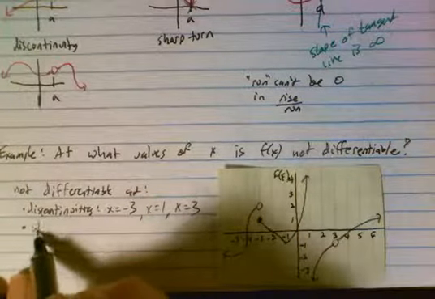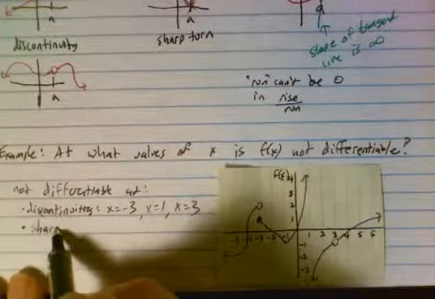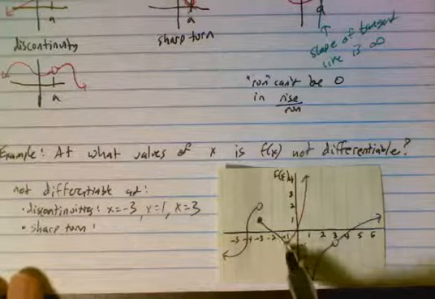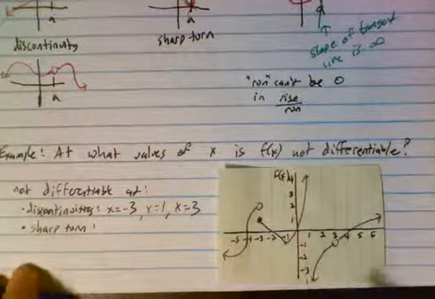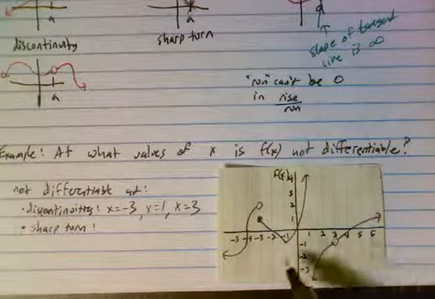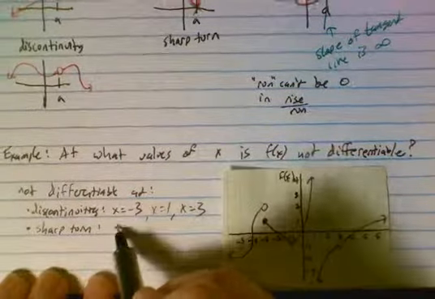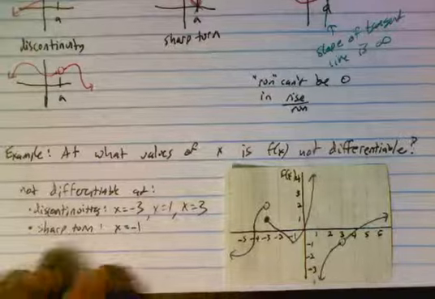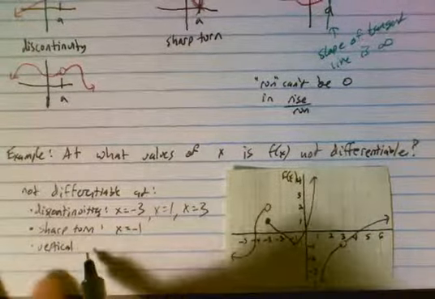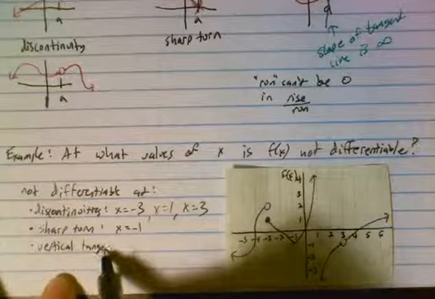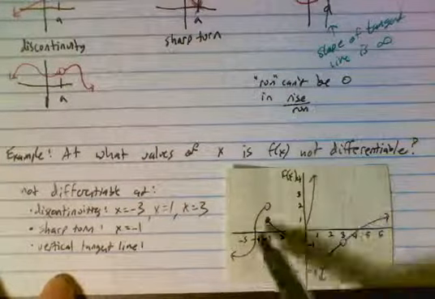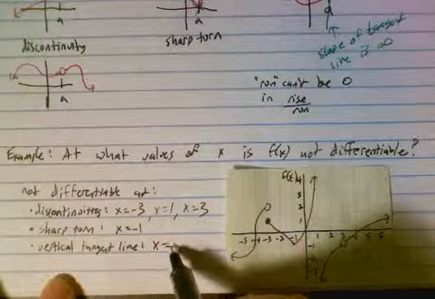It's also not differentiable at a sharp turn. So that's right here where we have a sharp turn. Anywhere else is fine, so if it's sort of like a maximum or a minimum, that's totally fine. We just can't have any sharp turns. Or vertical tangent lines. And that occurs right here, where x equals -4.